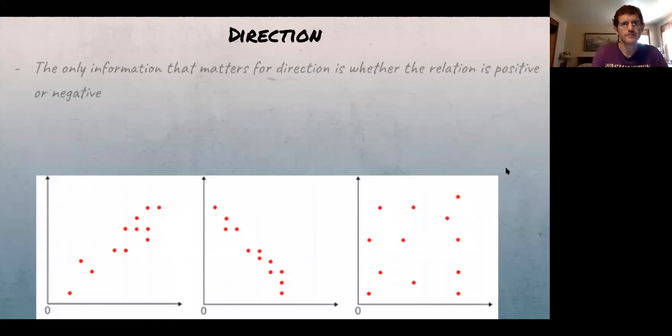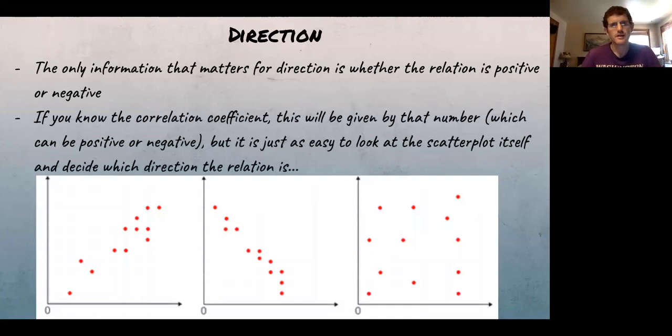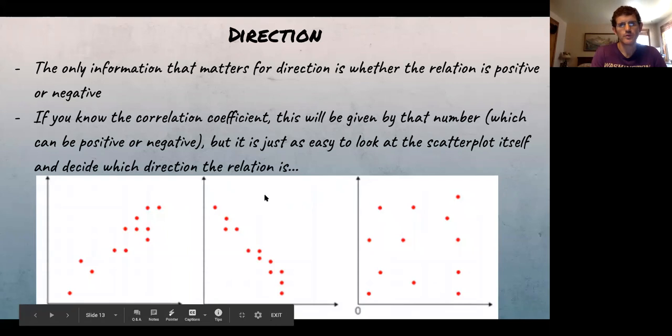So direction. Really the only thing that we need to say for direction is whether it's a positive or negative one. If you know the actual numerical correlation coefficient, then that is going to be told in the number itself, but if you don't have it, no big deal. You can still say some comments about it. So this one in the middle, anyone can speak up.